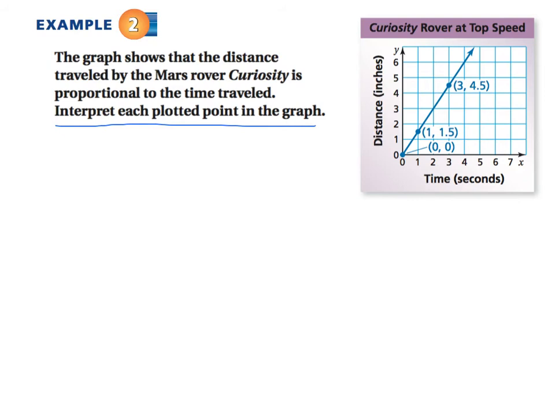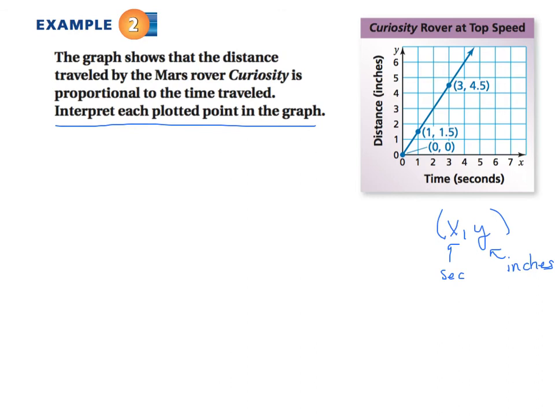What does 0, 0 mean? What does 1, 1.5 mean? What does 3, 4.5 mean? Remember, x comma y. X represents the first number, and in this case, x is seconds. And y is the second number, which represents our vertical axis of inches. So what does 0, 0 mean?